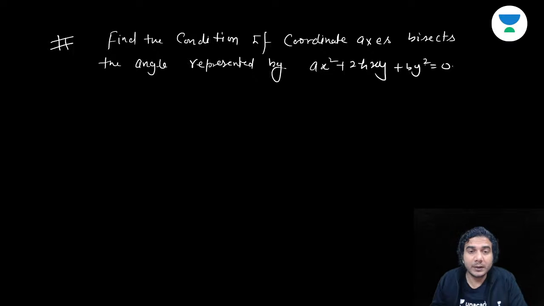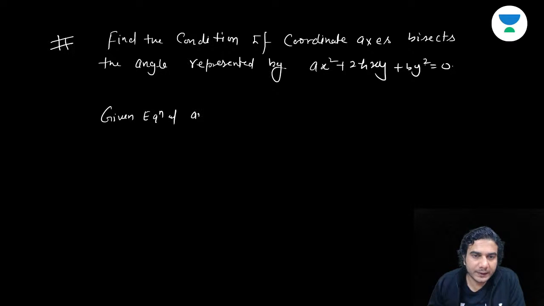So basically, yes, if you write the bisectors, the given equation of angle bisectors is xy is equal to 0. The combined equation of coordinate axes is xy is equal to 0, right?